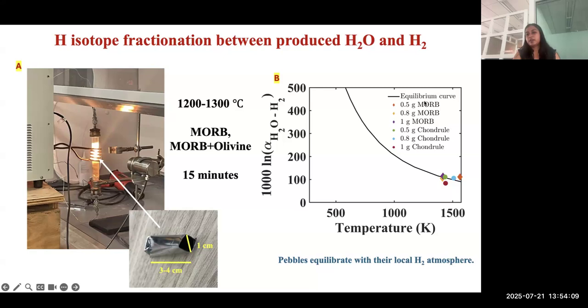However, I have extracted all the water when I ran it with helium. So this water is purely coming from FeO reduction. So the pebbles will equilibrate with their local hydrogen atmosphere when they're falling through the hot atmosphere of the protoplanet.